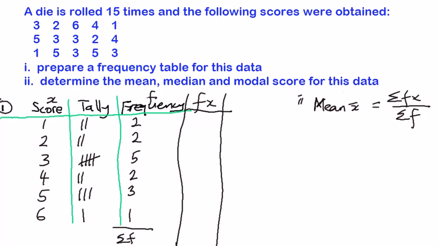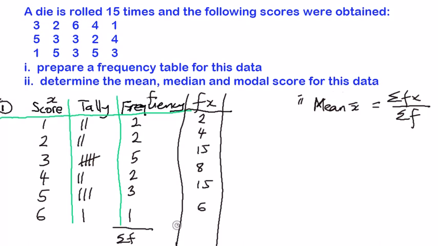Then we multiply x and f together to give us fx for each of the scores. So 1 multiplied by 2, 2; 2 multiplied by 2, 4; 3 multiplied by 5, 15; 4 multiplied by 2, 8; 5 multiplied by 3, 15; 6 multiplied by 1, 6.